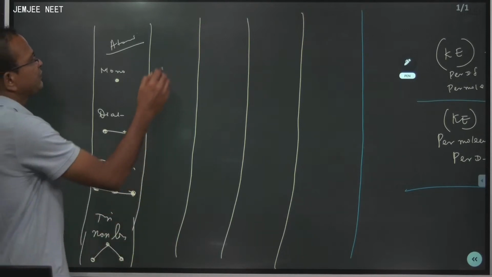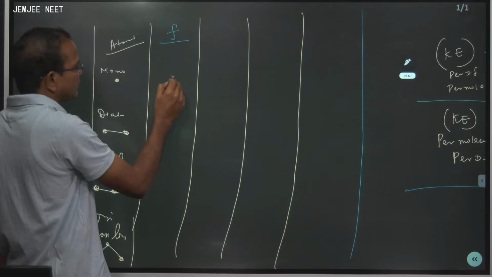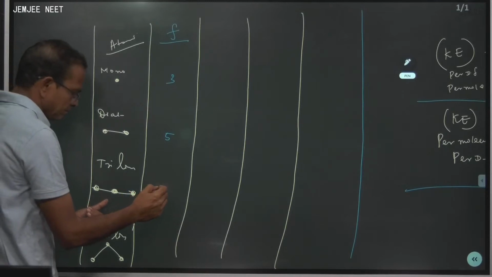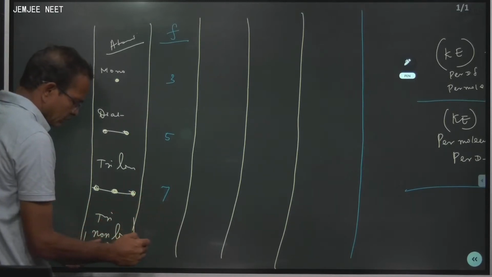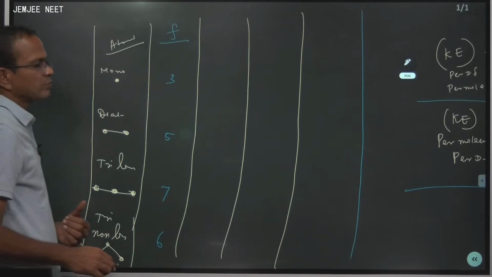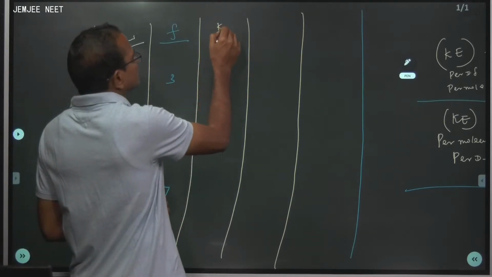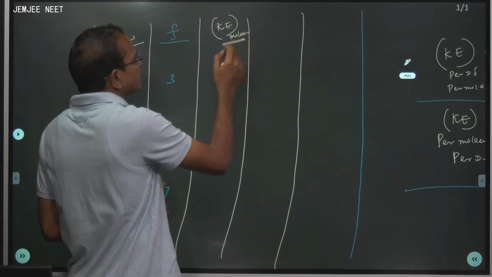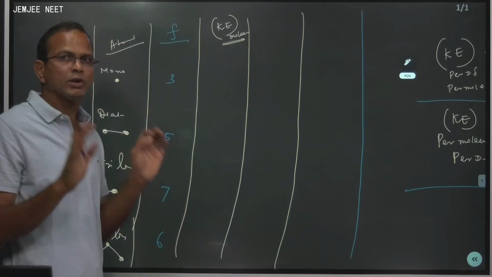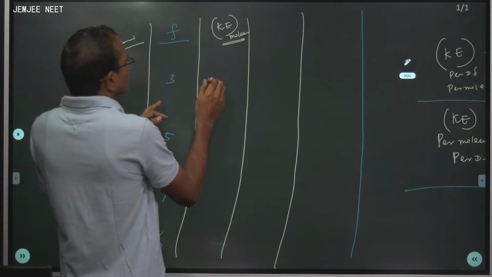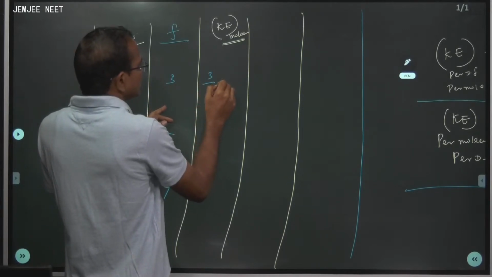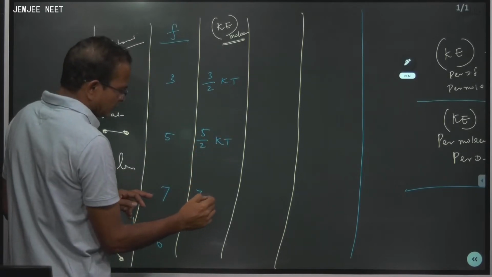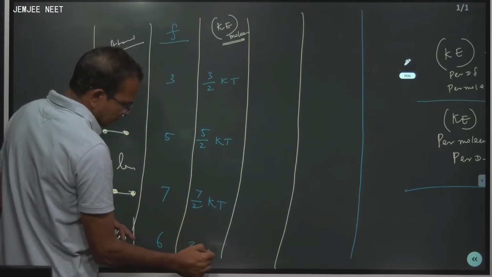Degree of freedom: monoatomic 3, diatomic 5, triatomic linear 7, non-linear 6. Now kinetic energy per molecule, the entire molecule, not per mole: 3/2 kT, 5/2 kT, 7/2 kT, 3 kT.